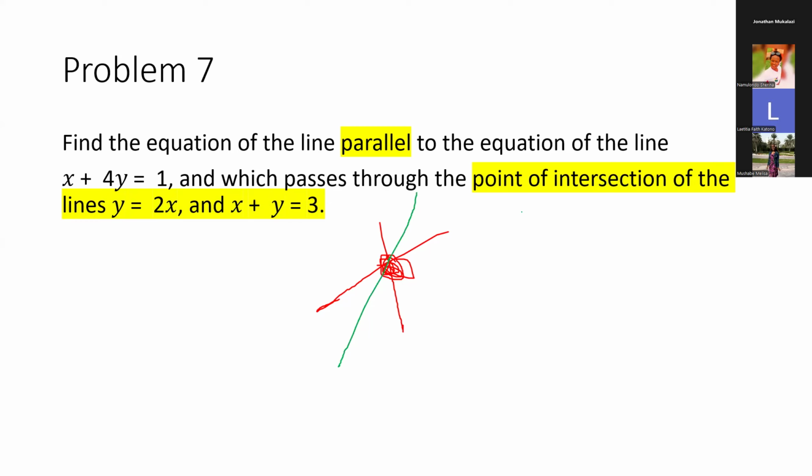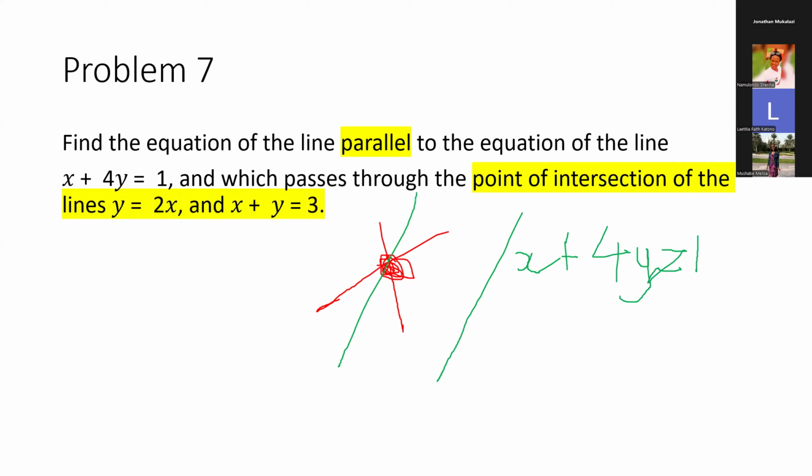It's also parallel to some other line with that equation, x plus y. It's so hard to write like this, but I hope you get the point.